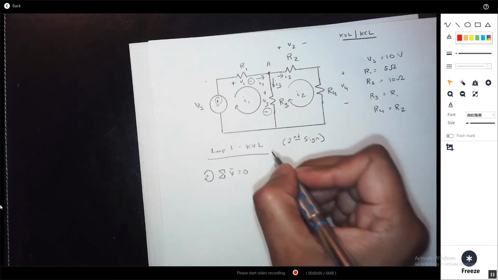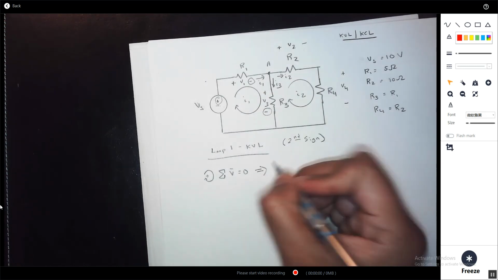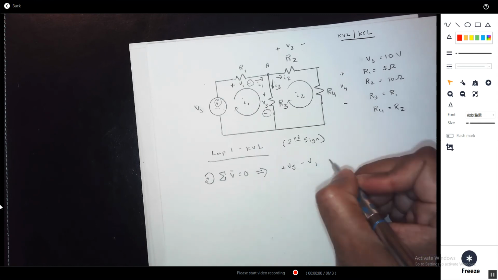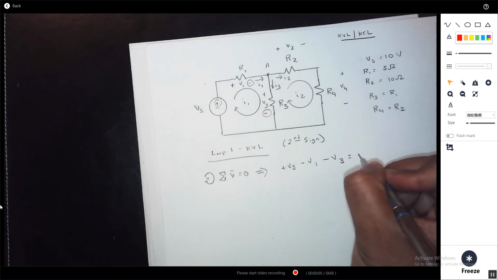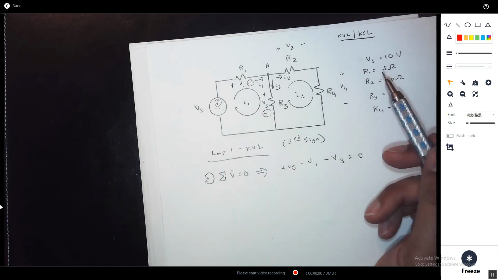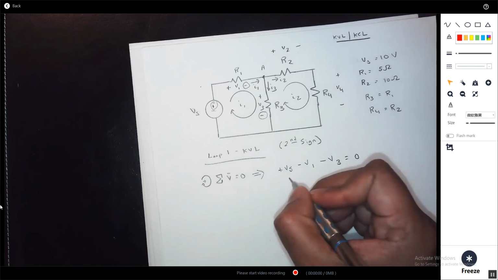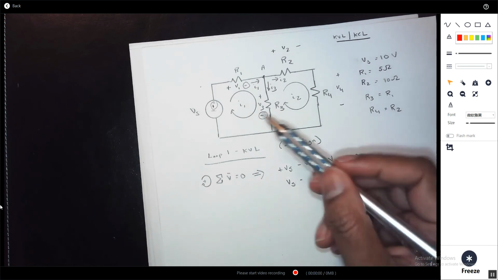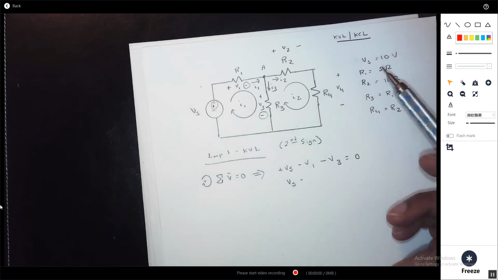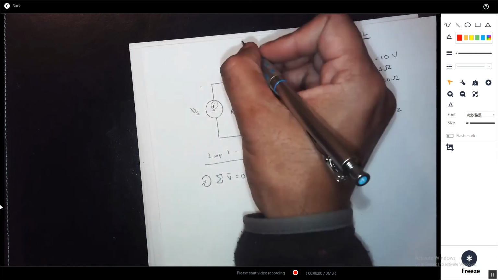And what I do is I just write it out. Plus Vs minus V1 minus V3 equals 0. Then I start looking at the problem a little more closely. I know that this is my source. I leave it alone. V1 is my I and R1.